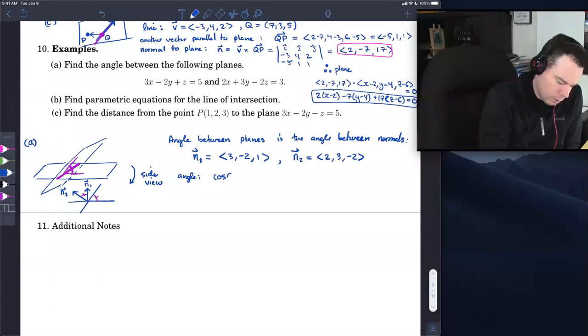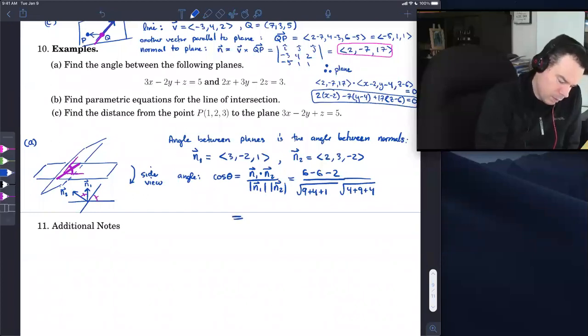We have that the cosine of the angle is the dot product of the two vectors divided by their lengths. The dot product is 6 minus 6 minus 2. The lengths are the square roots of 9 plus 4 plus 1 and 4 plus 9 plus 4.